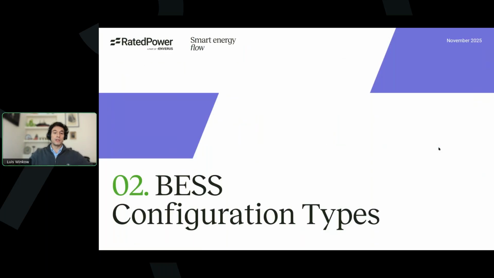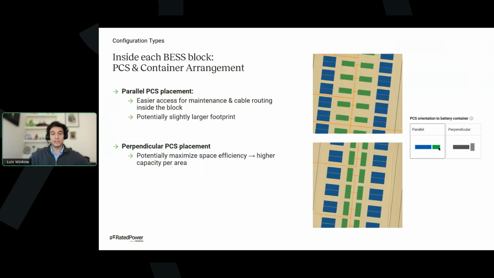So let's go to the next slide, best configuration types. This is just a little recap on some things that you will see now inside of the software. We have options, for example, about changing the layout inside of each BESS block. For example, the PCS and container arrangement, like you will see here in this little box. You have the option to choose between parallel and perpendicular.